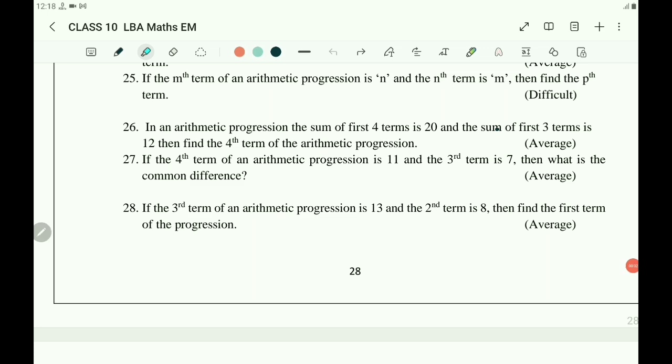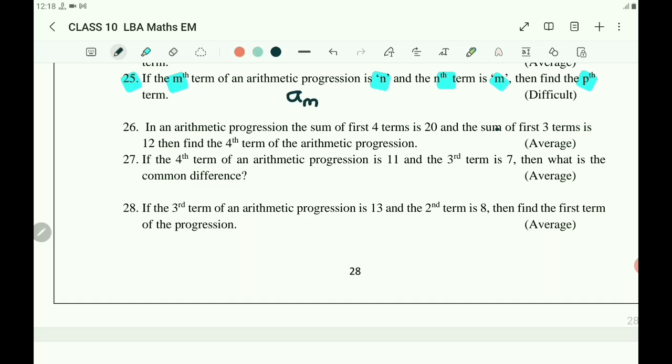Now you take the 25th question. If the mth term of an arithmetic progression is n, and the nth term is m, then find the pth term. In this situation, what is given?